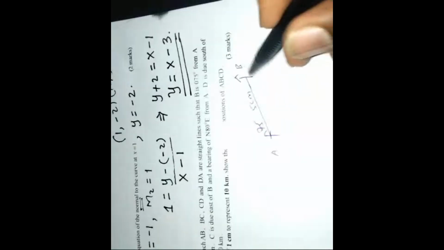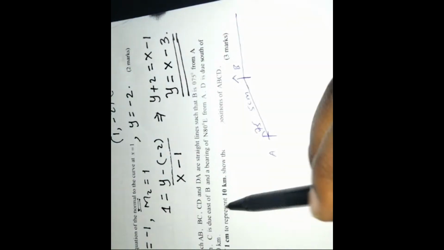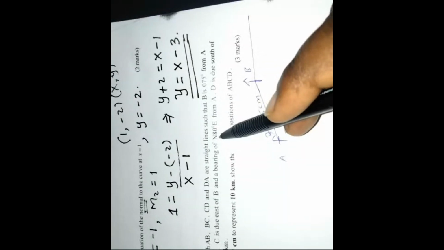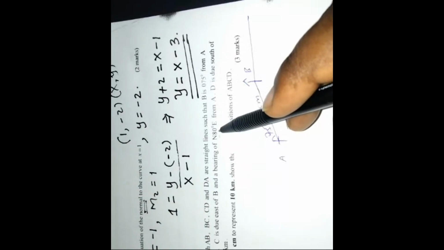The other one is C is due east of B. So due east of B, it is to the right. So while at B, we just move to the east. And with a bearing of 80 degrees from the north of A, we turn 80 degrees towards east.